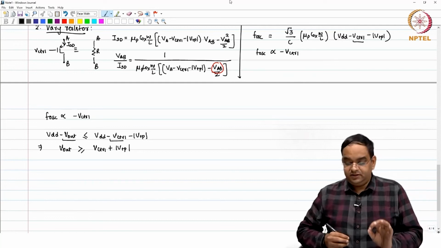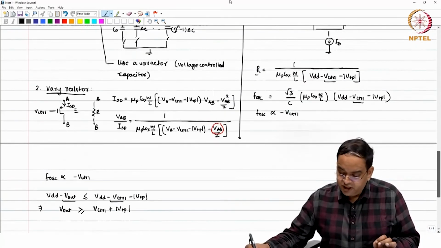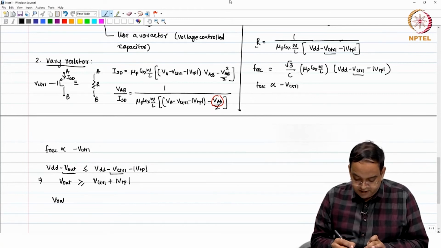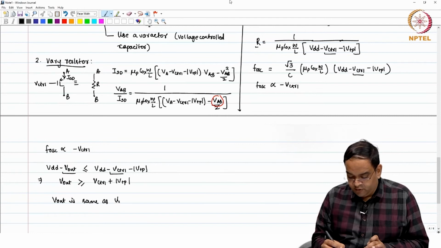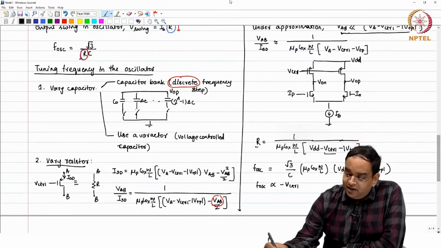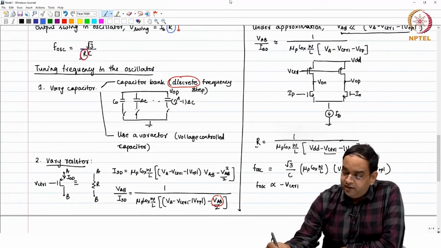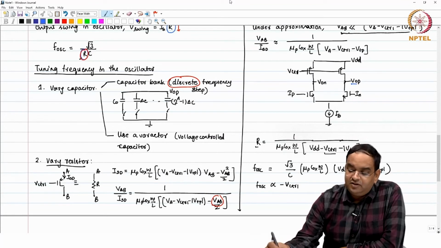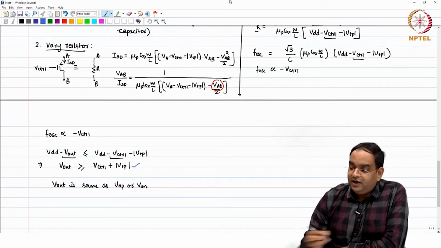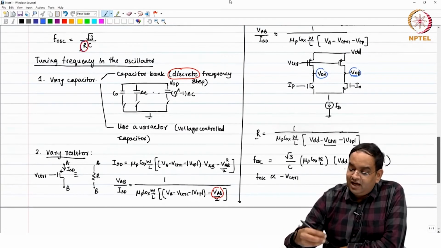Okay. Now, this is important: V out is the same as VOP or VON. So, here you come back and see that there is a lower limit on VOP and VON as per our condition. And what happens when we have a swing?